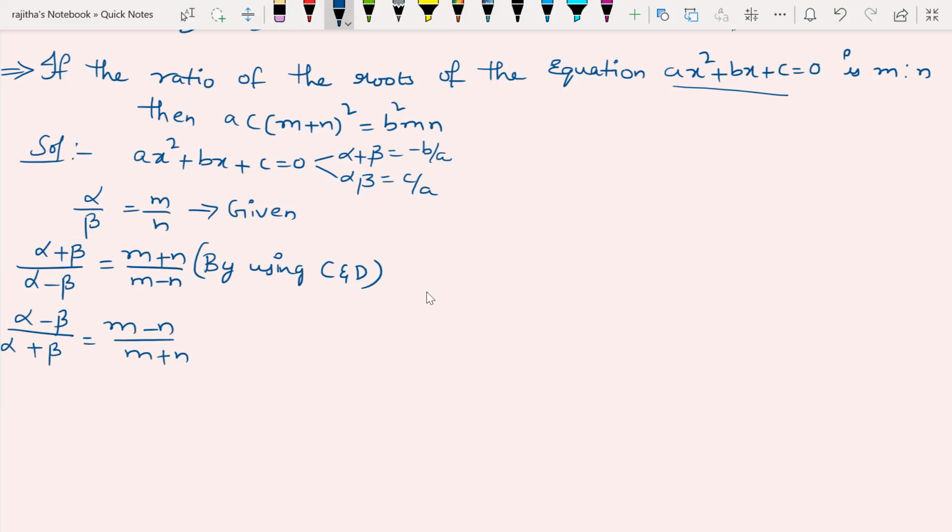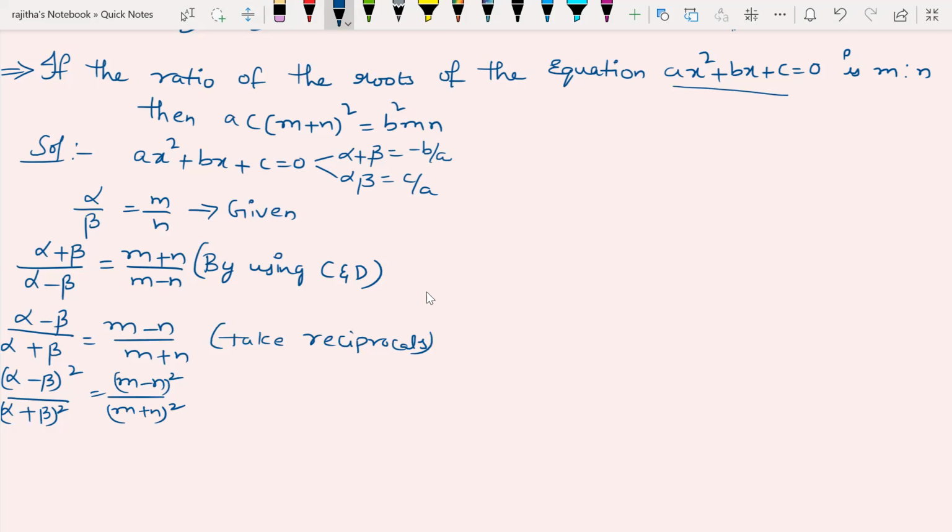After taking reciprocals and squaring on both sides, (alpha minus beta) whole square by (alpha plus beta) whole square is equal to (m minus n) whole square by (m plus n) whole square.